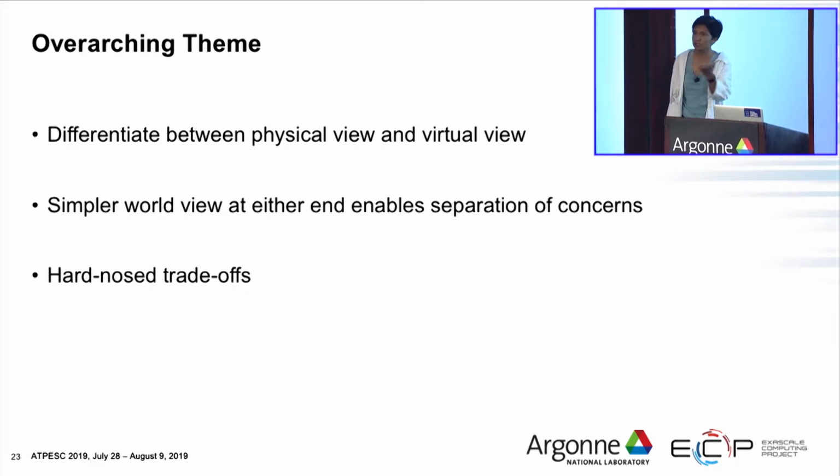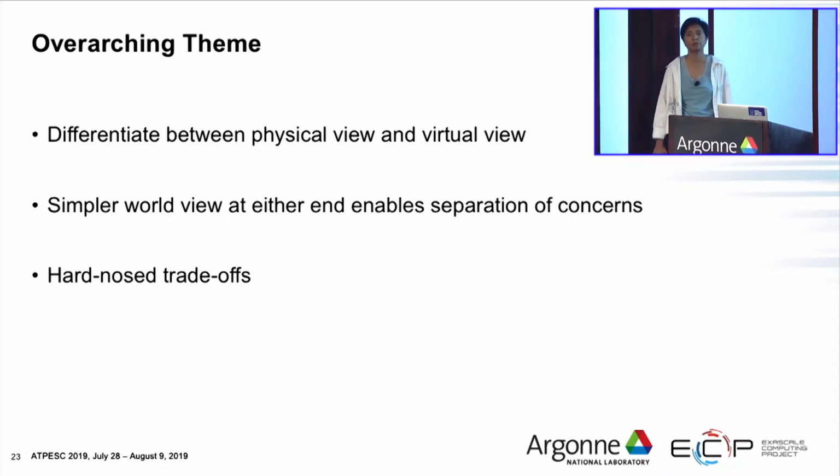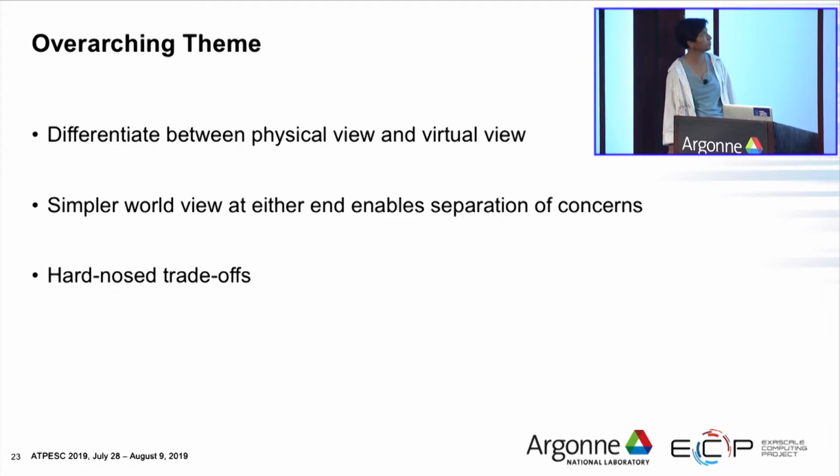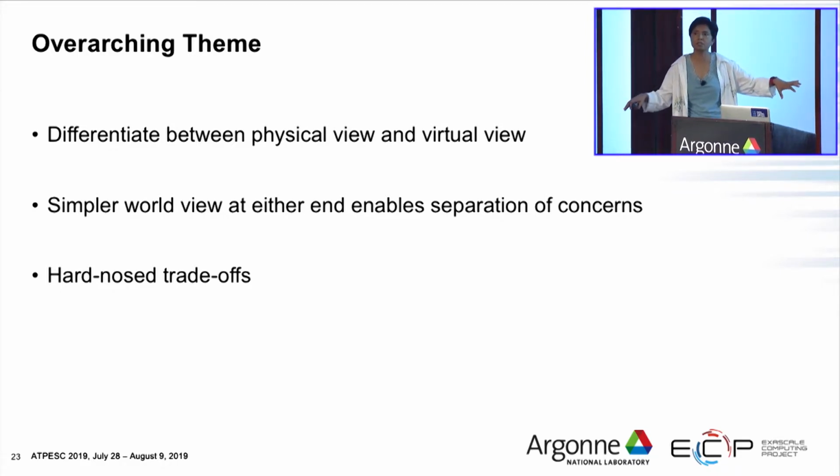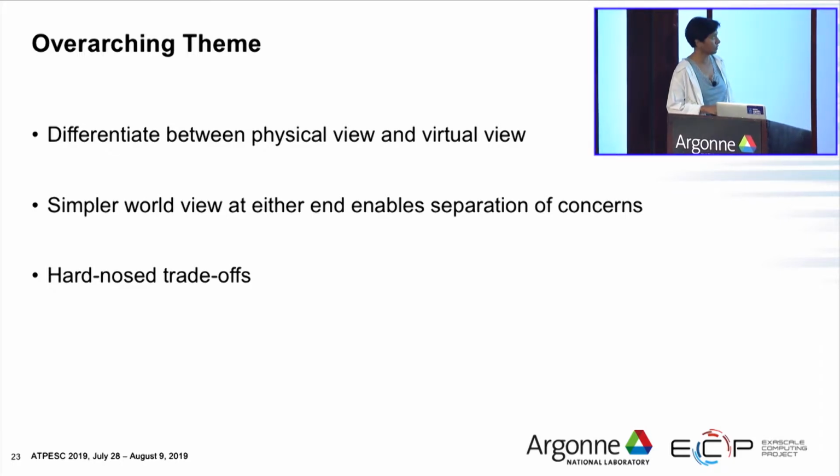What you should take away from this is much more the methodology rather than a specific design. So in Flash, we differentiate between the physical, the real and the virtual view, which makes for a simpler world view at both ends, and it's much easier to design that way. And then we make hard-nosed trade-offs.